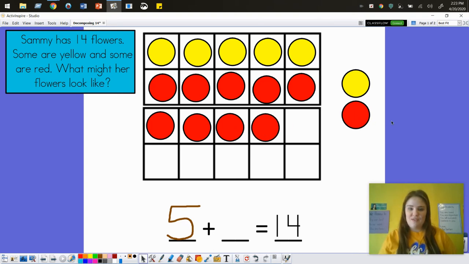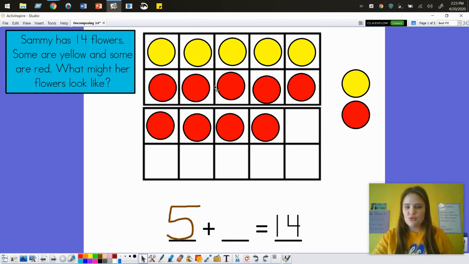Let's count to make sure we have 14. Are you ready? 1, 2, 3, 4, 5, 6, 7, 8, 9, 10, 11, 12, 13, 14. So we have all 14 flowers, but we need to finish our addition sentence at the bottom. We know we have 5 yellow, and now we need to see how many red.